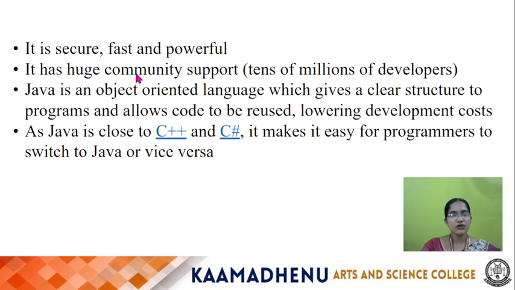It has huge community support, with tens of millions of developers in the real world. Java is an object-oriented programming language which gives a clear structure to programs and allows code to be reused, lowering development cost and so on. As Java is close to C++ and C#, it makes it easier for programmers to switch to Java or vice versa, or between any programming languages.